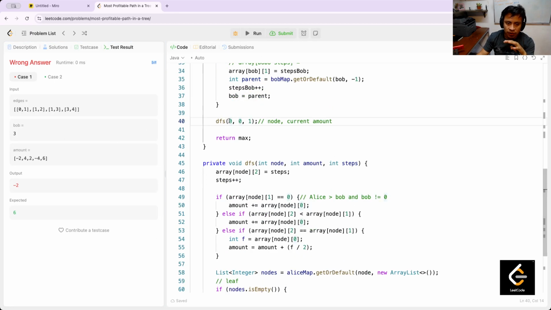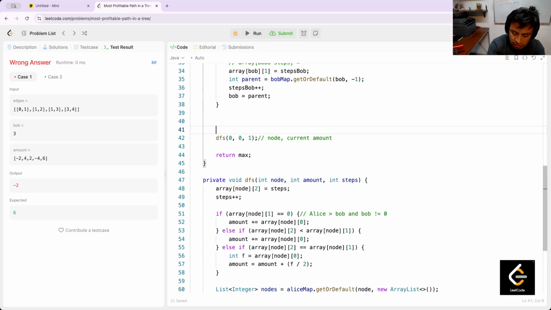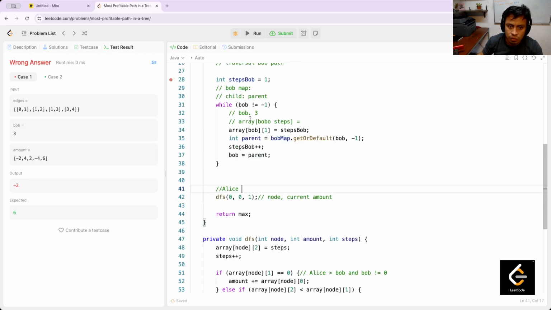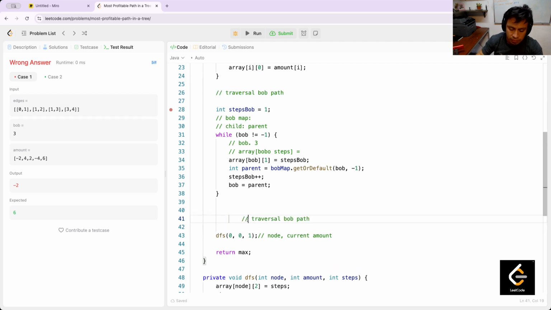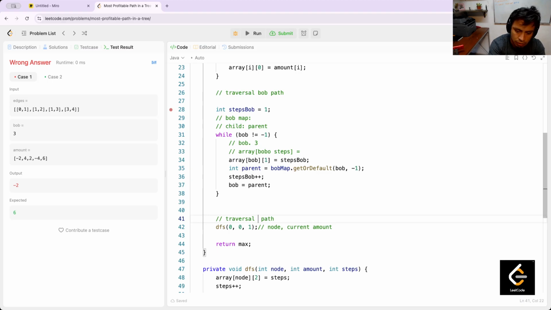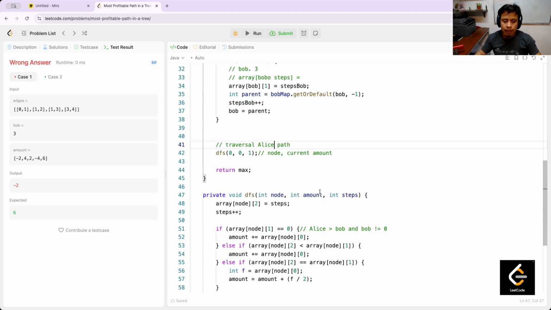Okay, now here is the current node that is Alice. Okay. Now Alice is starting at the node 0. The current amount is 0 because it's starting at 0, and the number of steps is 1.